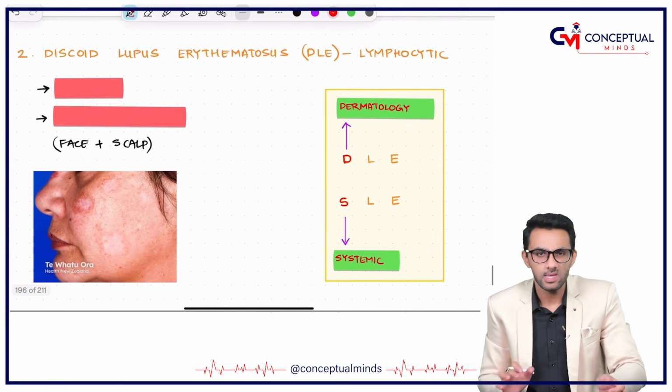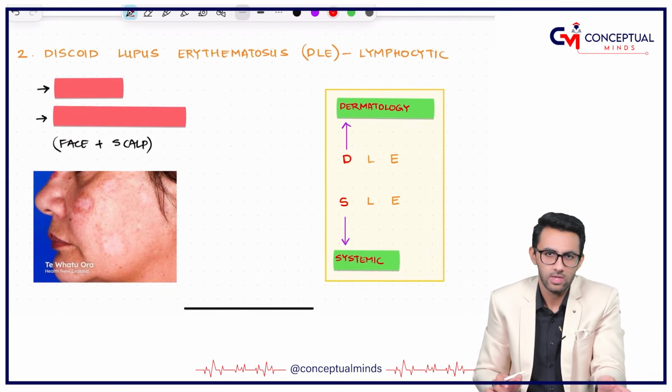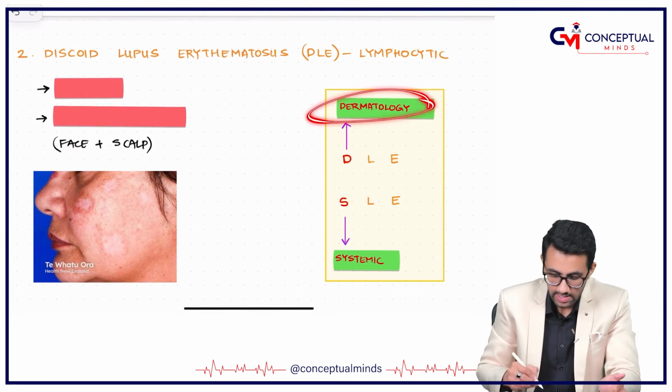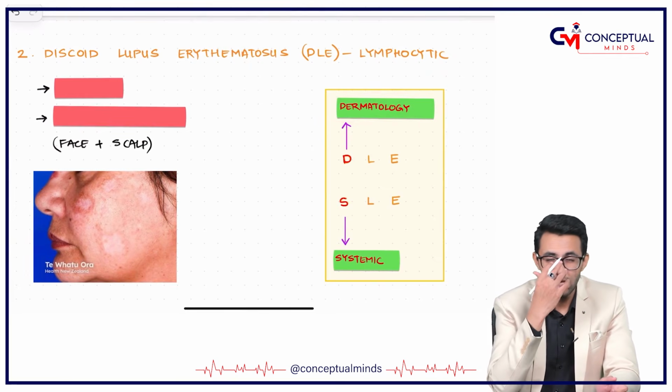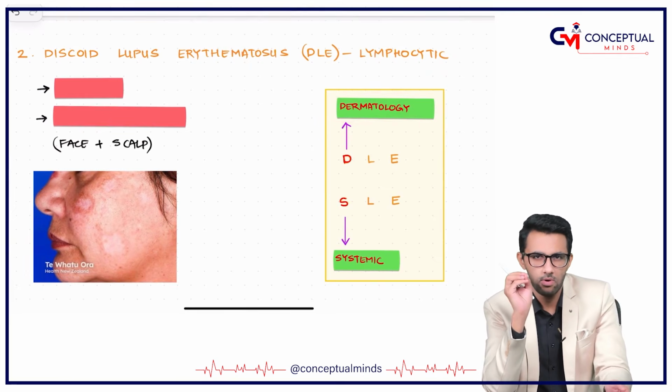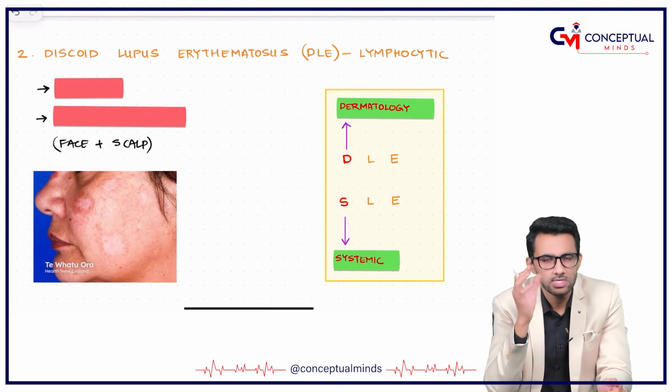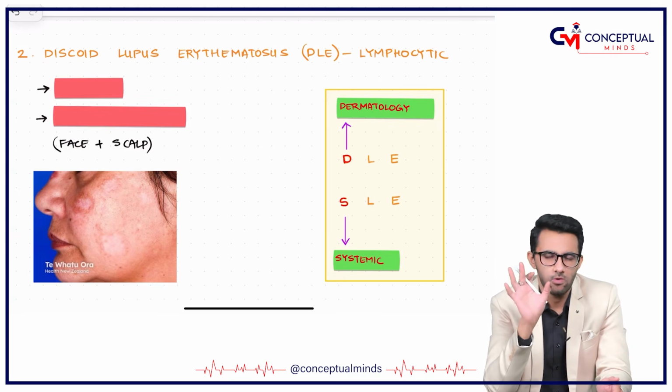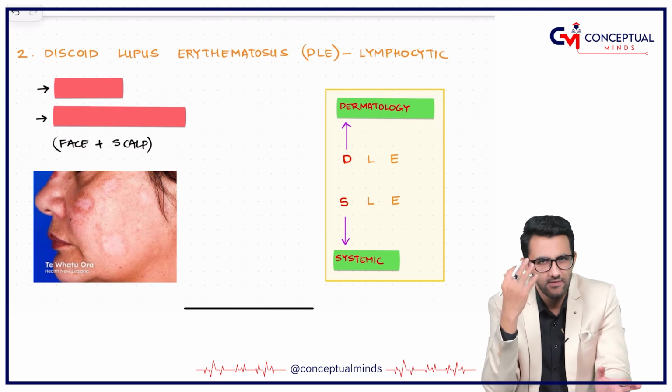Alright, so now let us go ahead and see about DLE. First of all, what did we read here? That it is about dermatology. So the thing we need to remember is that it only involves the skin part. It does not involve the organs. Only the derma part is involved. The face and scalp will be involved, but not the organs.